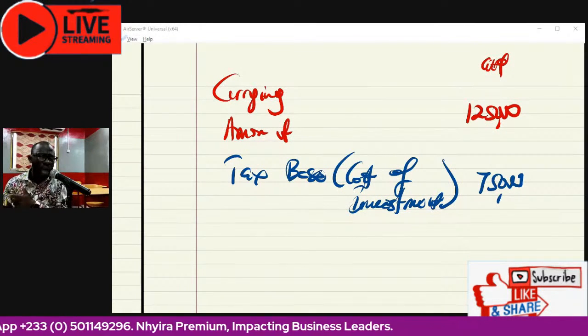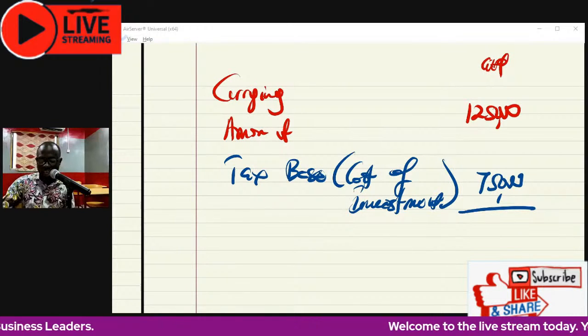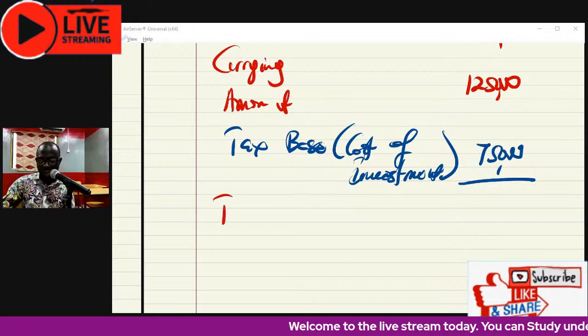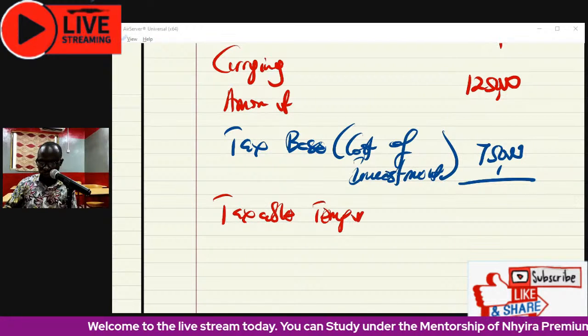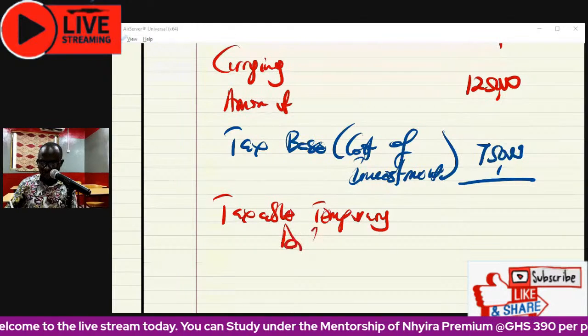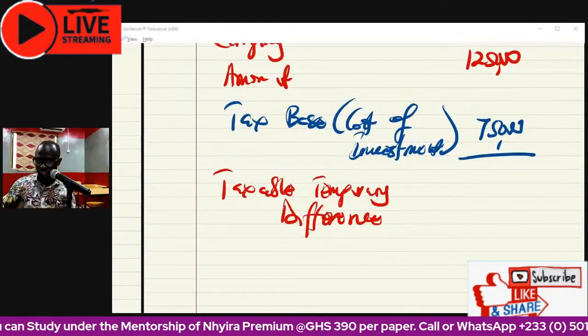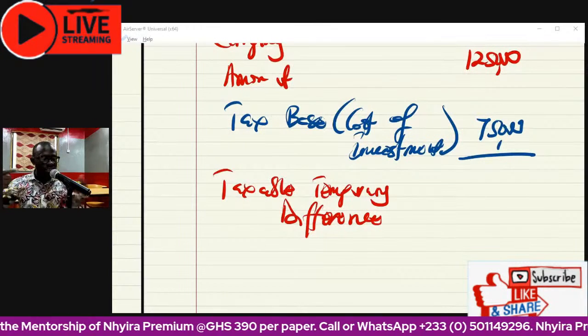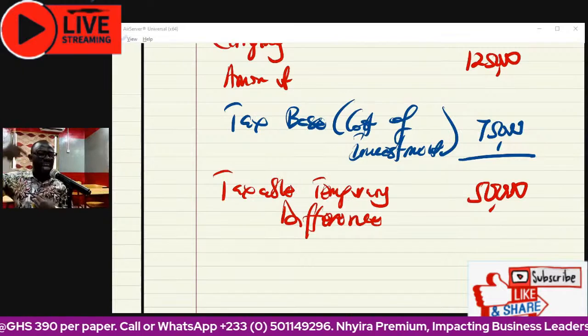So when you compare it, you realize that the carrying amount is greater than the tax base. And that results in what is called a taxable temporary difference of 50,000. This taxable temporary difference results in a deferred tax liability.